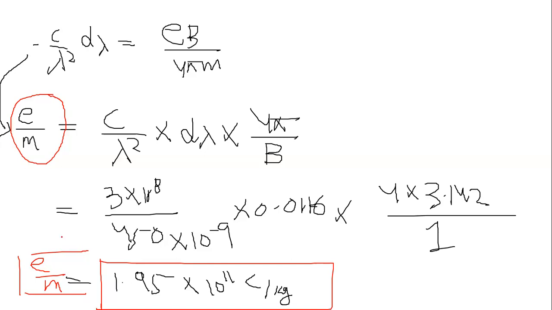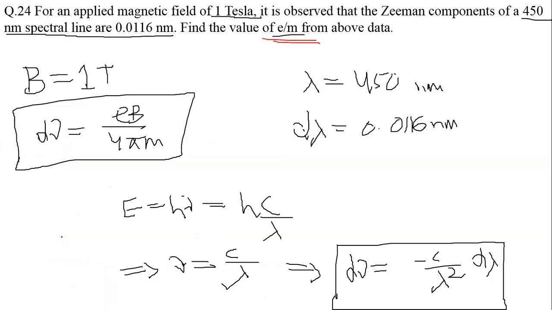So this is for electron. The ratio of electronic charge by its mass is 1.95 into 10 to the power 11 coulomb per kg. So basically in this question, it was given that in a magnetic field, the spectral line of certain wavelength, that is 450 nanometer, is split into Zeeman components, and the lines in the splitting are 0.0116 nanometer apart.